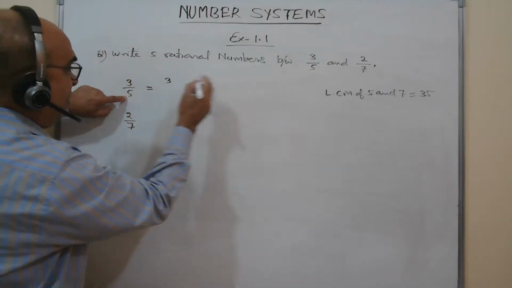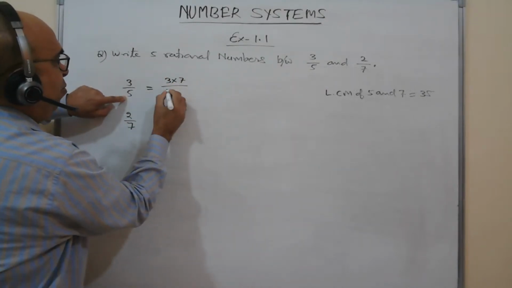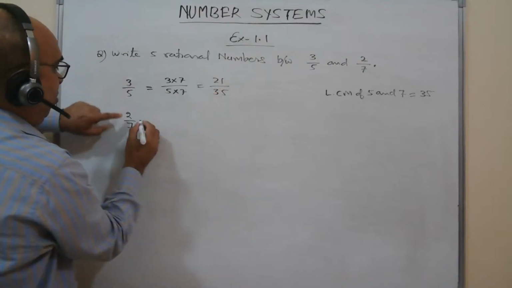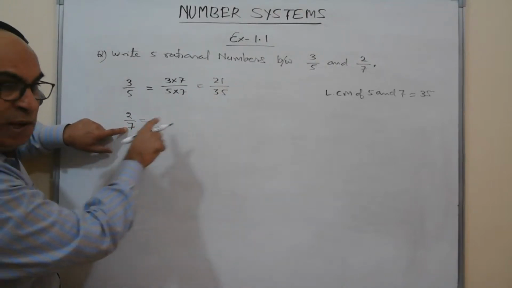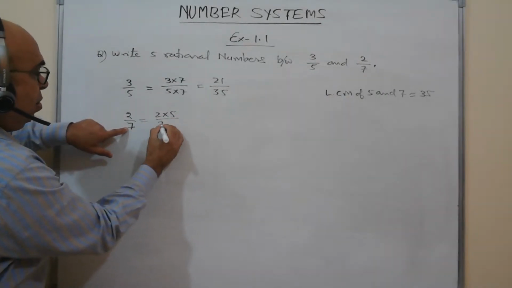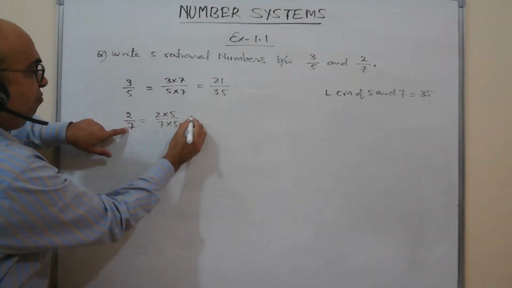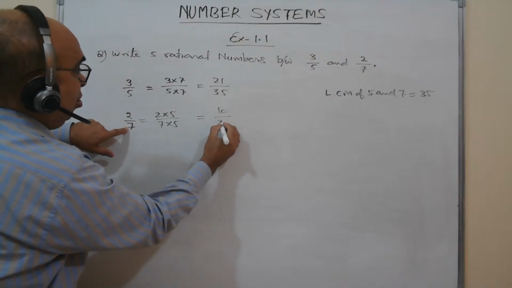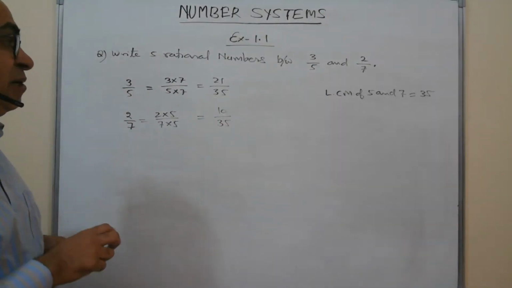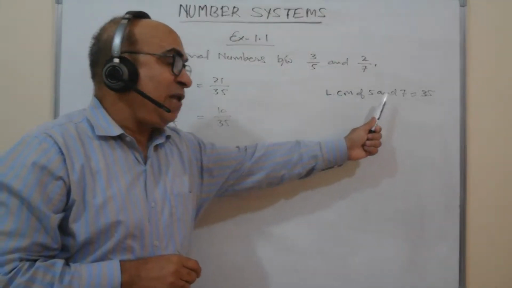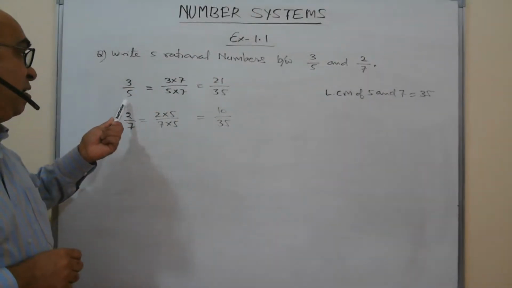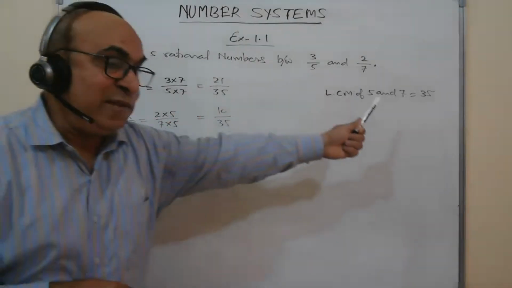So 5 times 7 is 35. So you have to multiply by 7. So 21 by 35. Here the denominator is 7 and the LCM is 35. So here you have to multiply by 5 because 7 times 5 is 35. So 10 by 35. So what we did, because they have different denominators, we got the LCM of the denominators and then we made each denominator equal to the LCM.